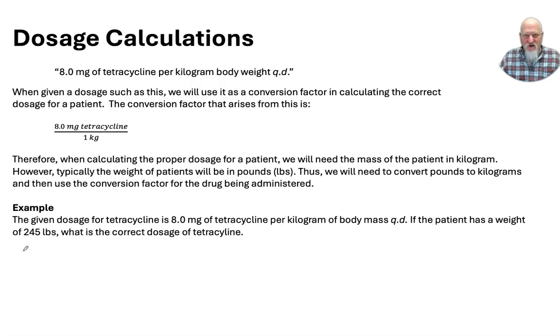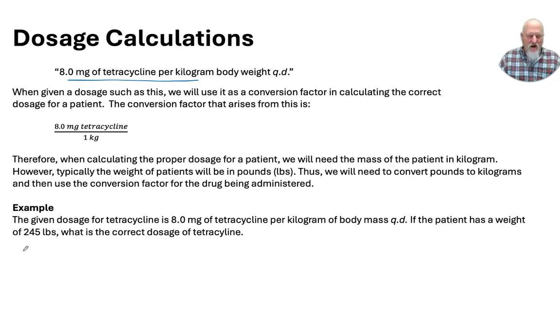So, dosage calculation: 8 milligrams of tetracycline per kilogram of body weight. That is a conversion. 8 milligrams per 1 kilogram of body mass, or body weight. So we would write our conversion factor as 8 milligrams per 1 kilogram. So that's simply a conversion.